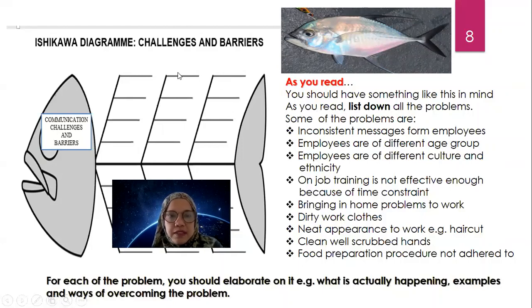Some of the problems are the inconsistent messages from employees, right? Employees are of different age groups. Employees are of different culture and ethnicity. The on-the-job training is not effective enough because of time constraints. You don't bring home problems into work, okay? Having dirty clothes to work is a problem.